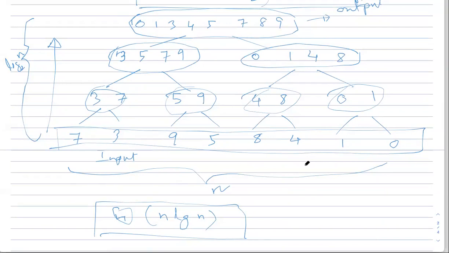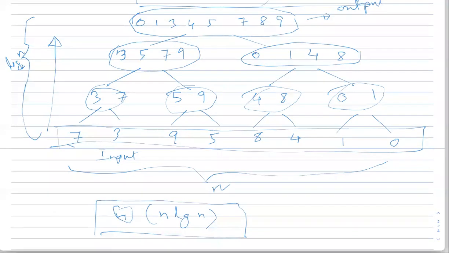Wait, so just to clarify, we do the merge sort, right? So when we're splitting the unsorted list, we're basically recursively splitting until we compare two numbers. And then we recursively merge the two numbers, which makes a bigger array, in this example with 4, and then we merge that again.